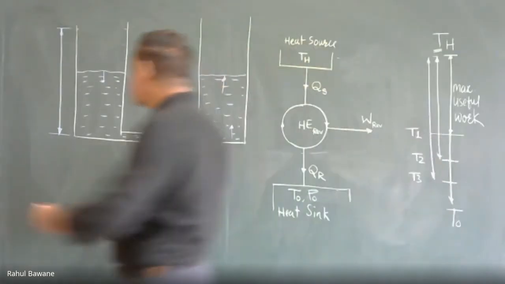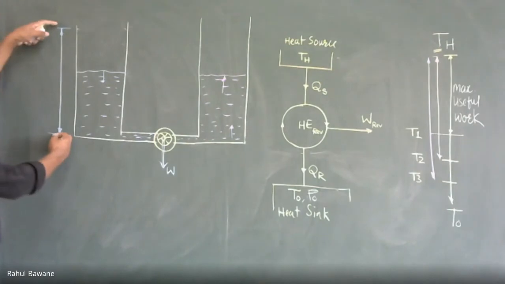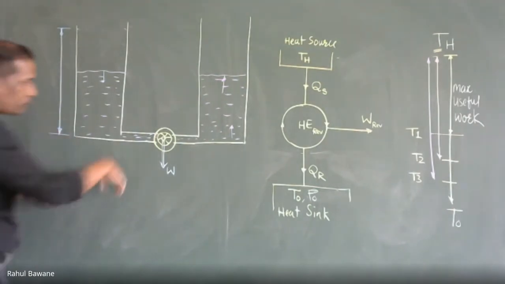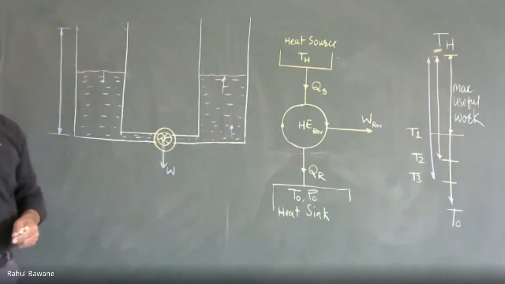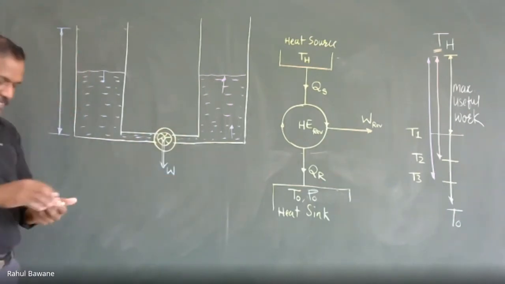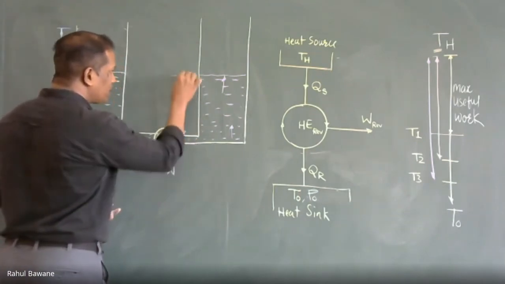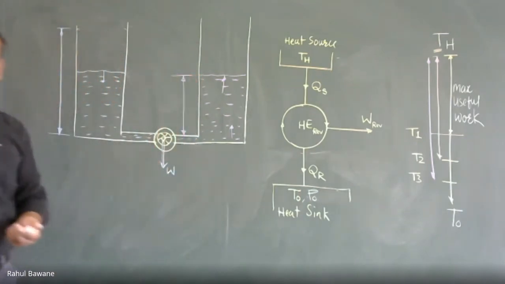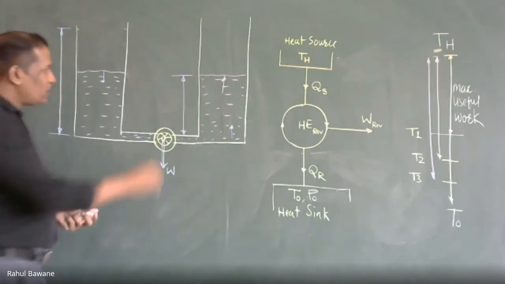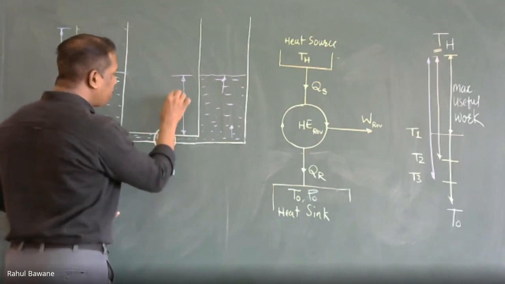So there will be no flow. So whether the total energy, whatever is available, is actually used for work done? No. How much energy is used for work done? Up to this. So this is called available energy.